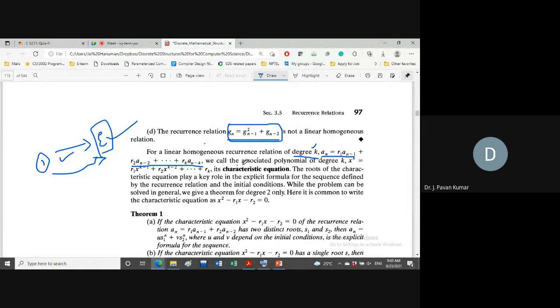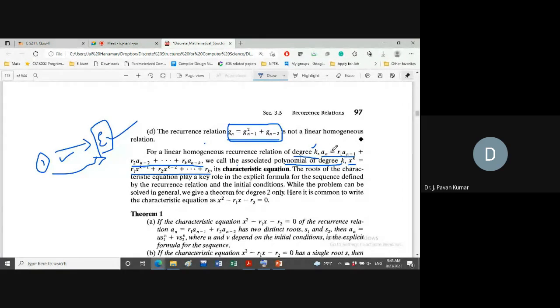Now, for this recurrence relation, we can represent the same relation in the form of a polynomial of degree k like this: x^k = r1 x^{k-1} + r2 x^{k-2} + ... + rk. Same thing we are representing in the form of a polynomial.